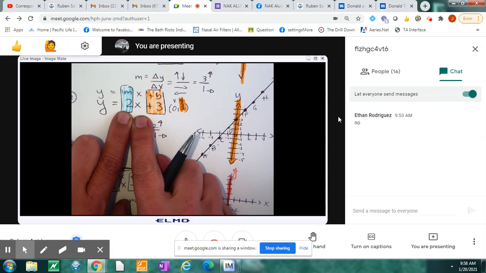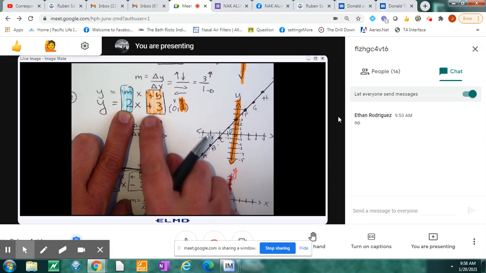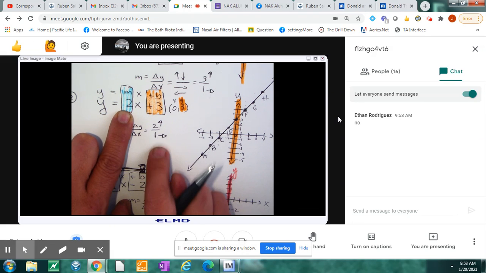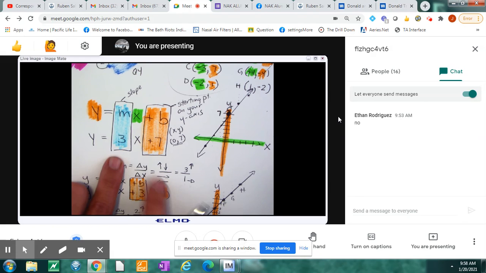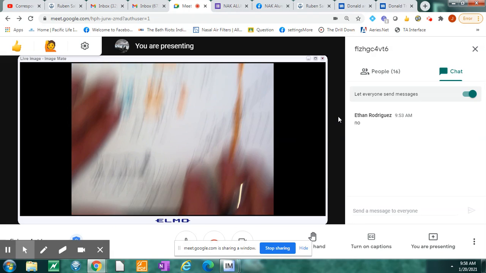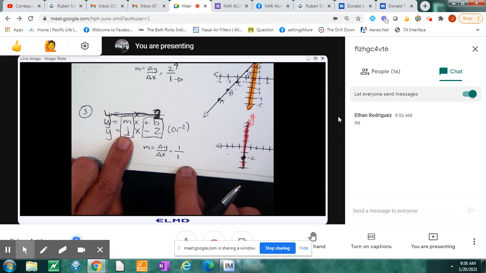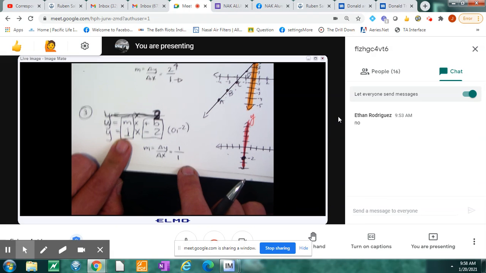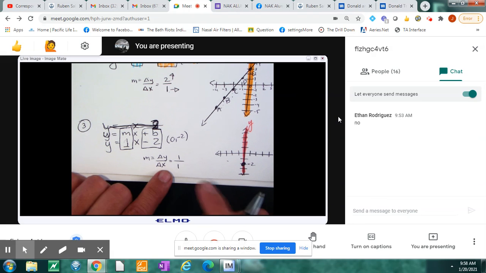Remember the 2? It was 2 over 1, not 2 over 3. See that? And then remember the first one, it was 3 over 1, not 3 over 7. So here, it's going to be 1 over what? 1 over 1. Good job. At least you said something, whoever said it. Everybody's all quiet.